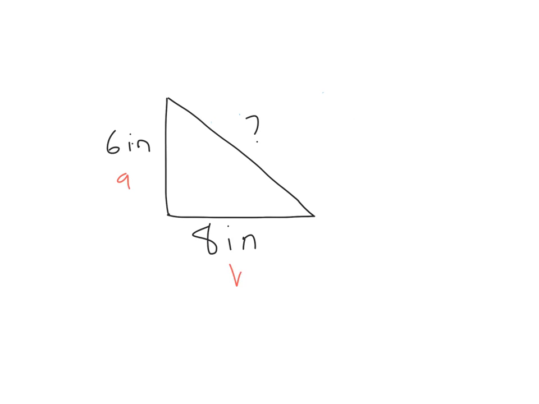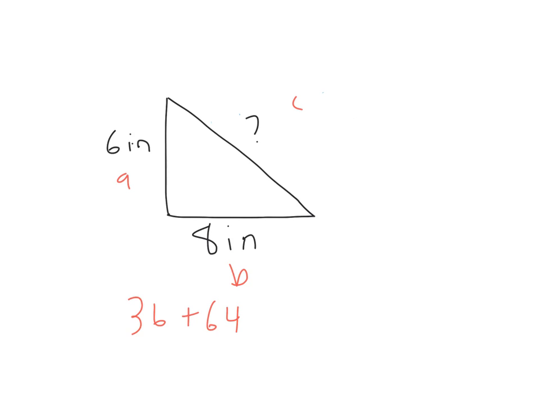Here's a right triangle, and this leg might be 6 inches, and this one might be 8 inches. They're going to ask you for all of these problems for today to find the hypotenuse. So this is what we don't know. Remember, here's A, here's B, here's C. A squared, so 6 squared is 36, and B squared, so 8 squared is 64.